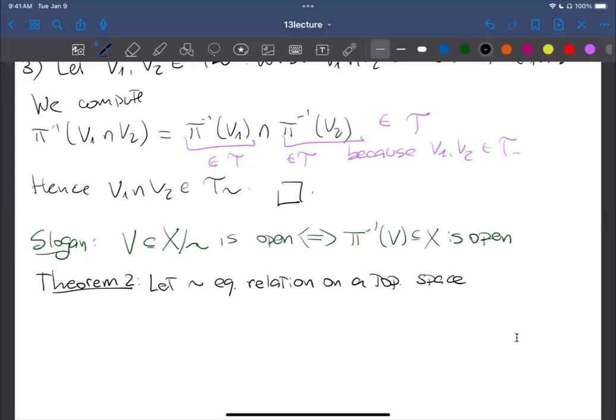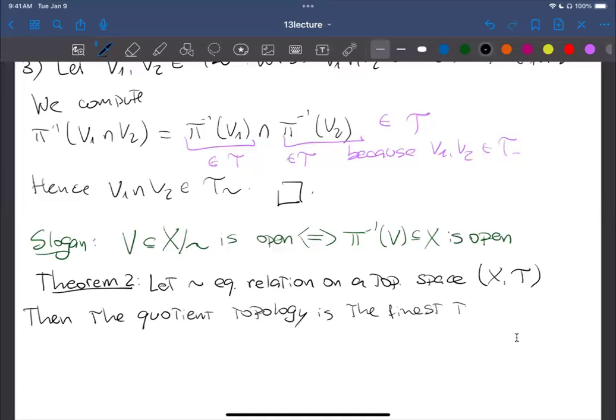And let's say the topological space is called X comma T. Then the claim here is that the quotient topology is the finest topology on the quotient set such that the quotient map is continuous.